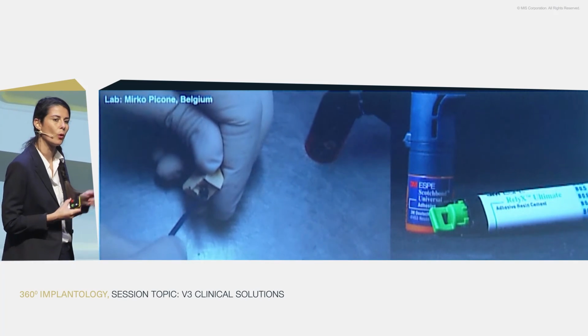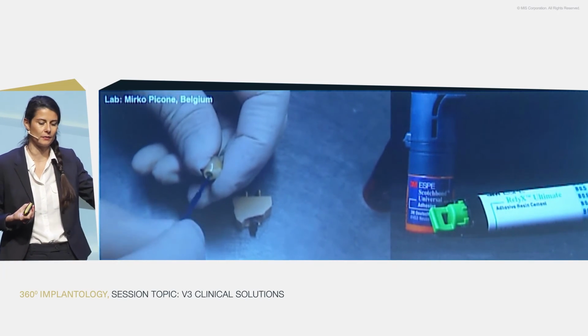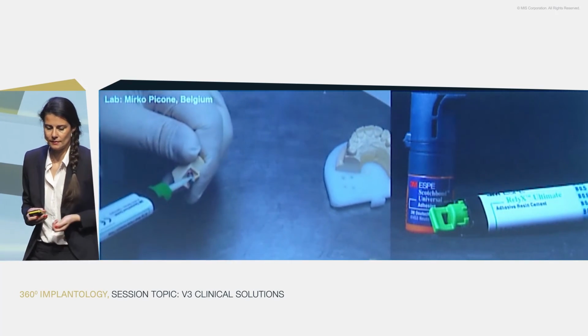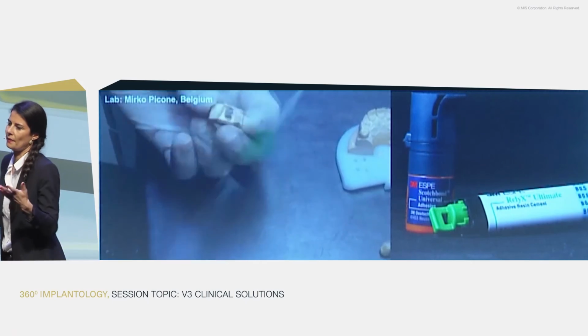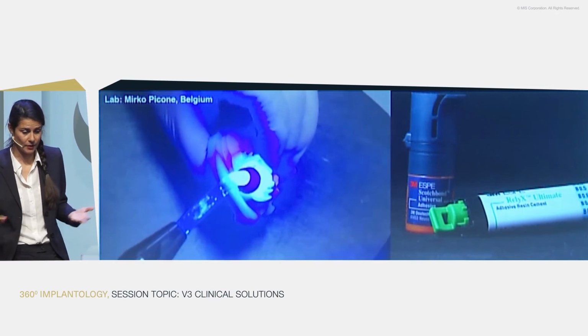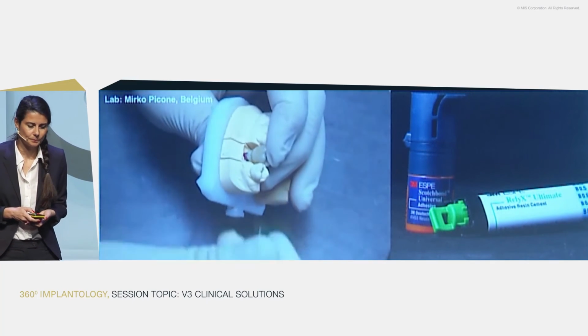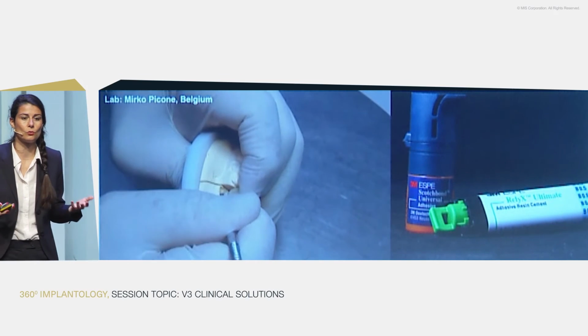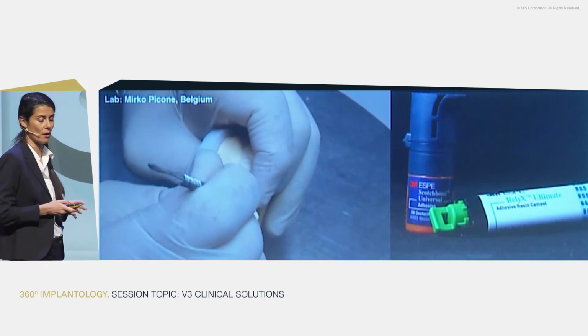So you see that they work with a steam device. I think this is very important to have that. Here in this case, they cemented with Relix, but I think Panavia is also recommended. And after curing, we have to really take care of the excess.